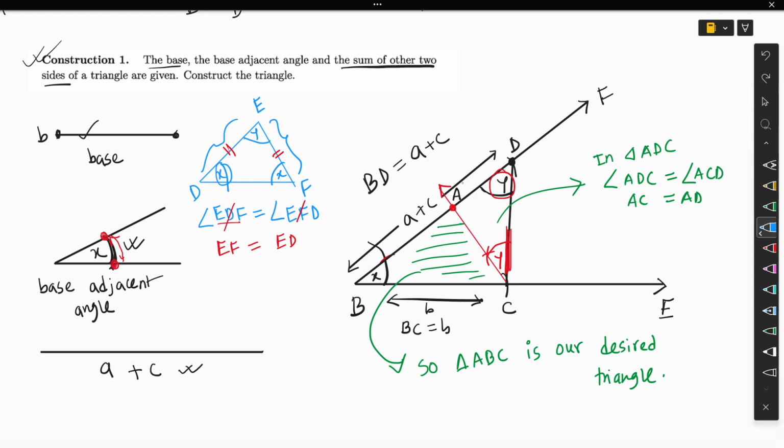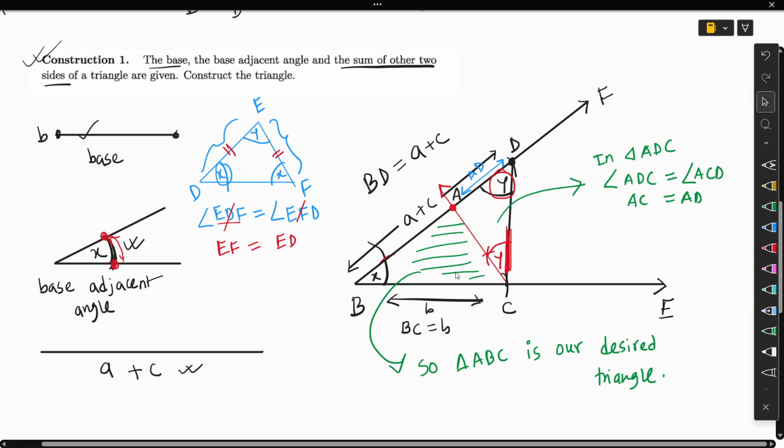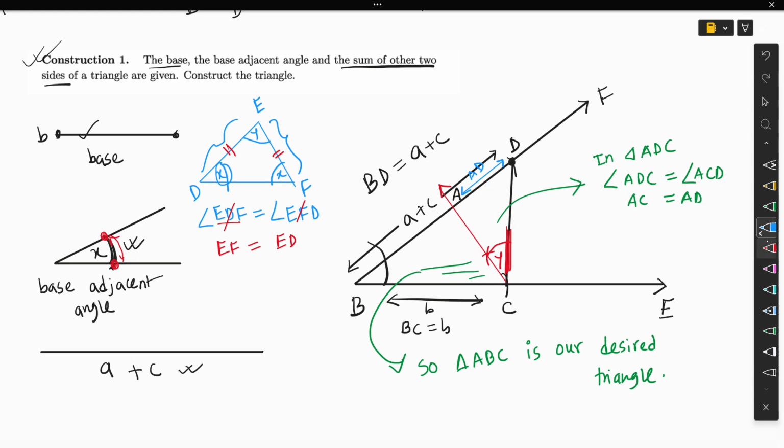This side, this is AD, right? And this is AC, right?